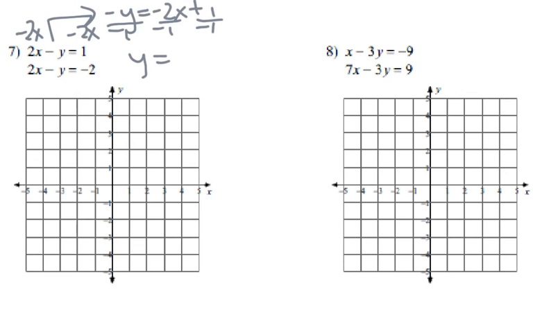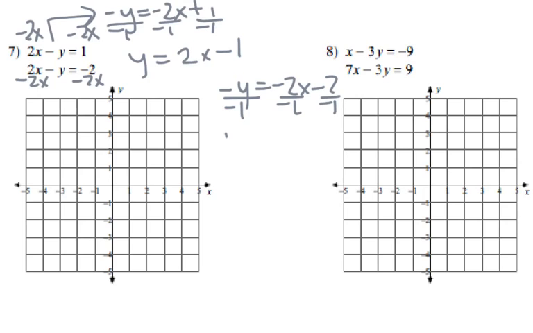And we get y equals positive 2x minus 1. Do the same thing to the second one, subtract 2x from both sides. Get negative y equals negative 2x minus 2. Divide everything by negative 1. Y equals positive 2x plus 2. So then we graph them. So negative 1, so we go up 2 to the right 1.